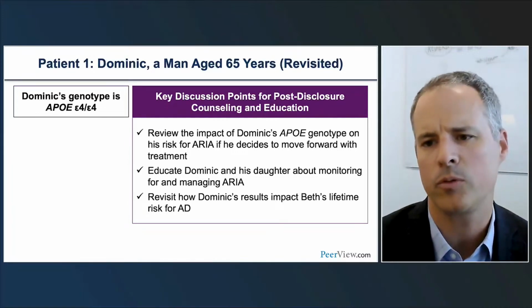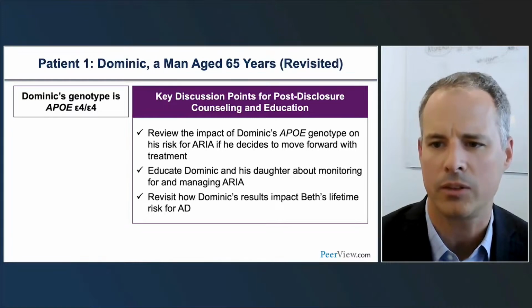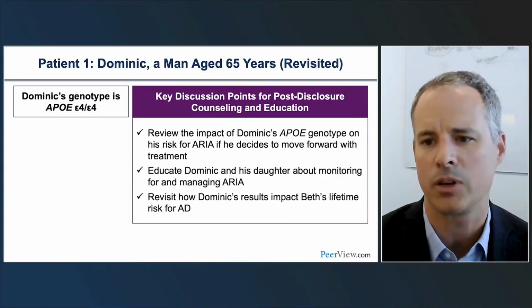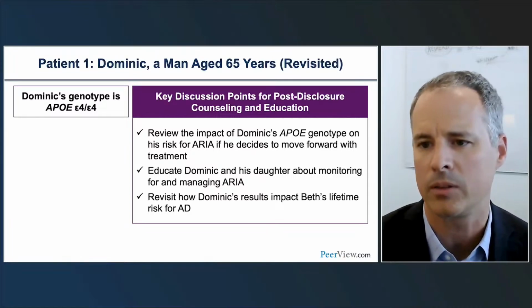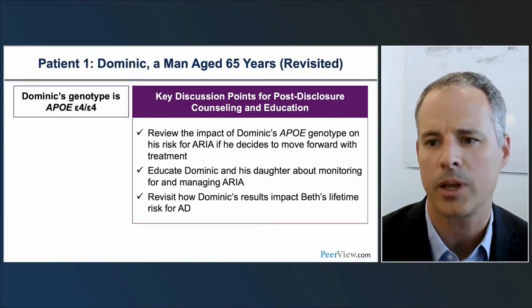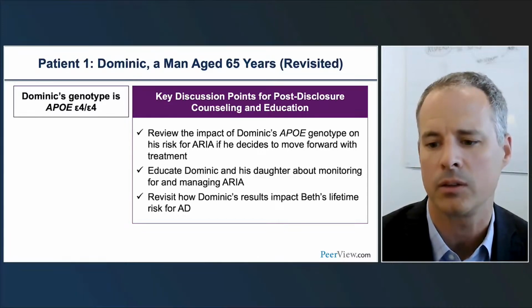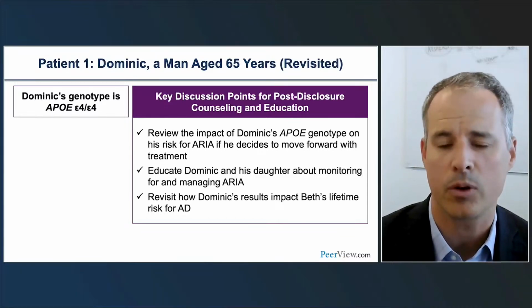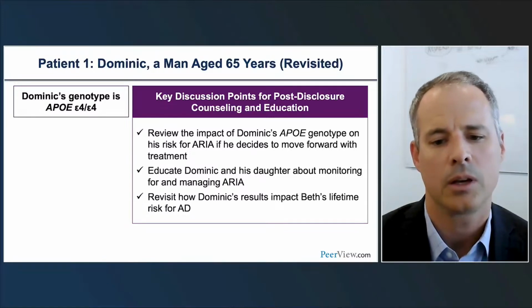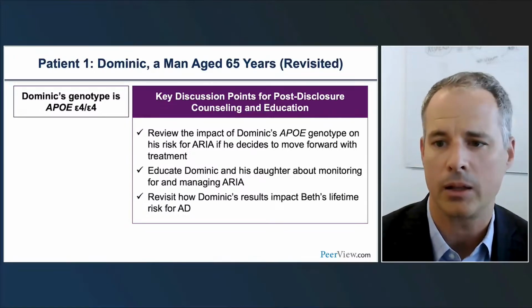I think it's also important for patients to understand that ARIA in most cases is manageable. We often see pictures of severe ARIA or moderate ARIA and hear about these very unfortunate, few rare cases in which patients had really bad outcomes, macrohemorrhage, even some deaths. But those are unusual cases. And oftentimes, even in ApoE4 homozygotes, if they develop ARIA, it's often mild.